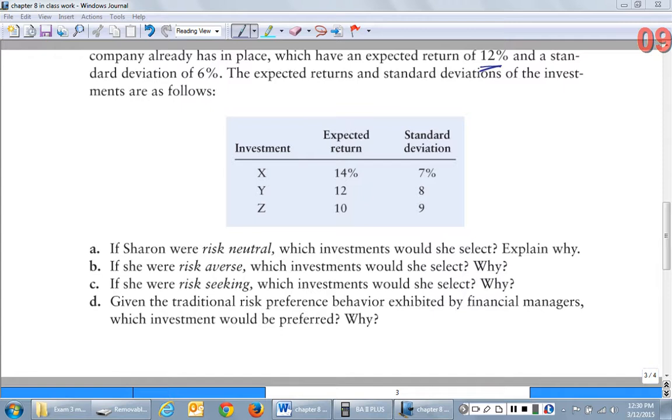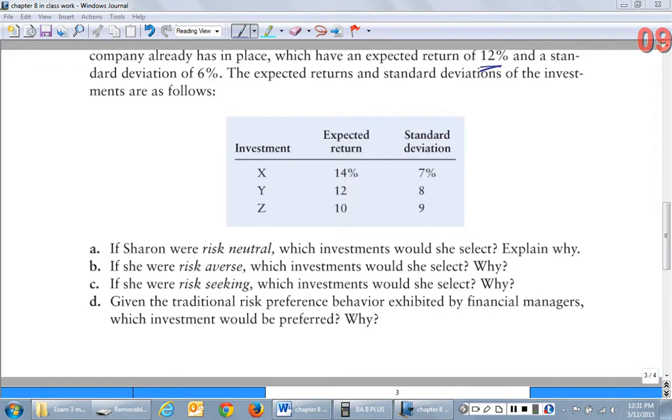So she wants the highest level of return that she can with the lowest level of risk possible. Looking at these investments, asset X has the highest return, and it also has the lowest level of risk as measured by the standard deviation. So she would choose asset X.